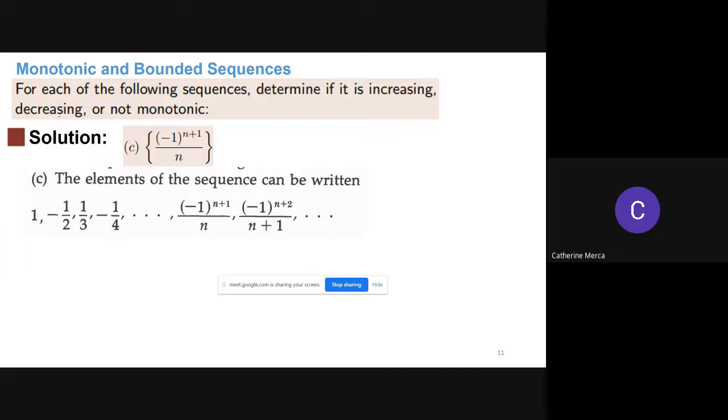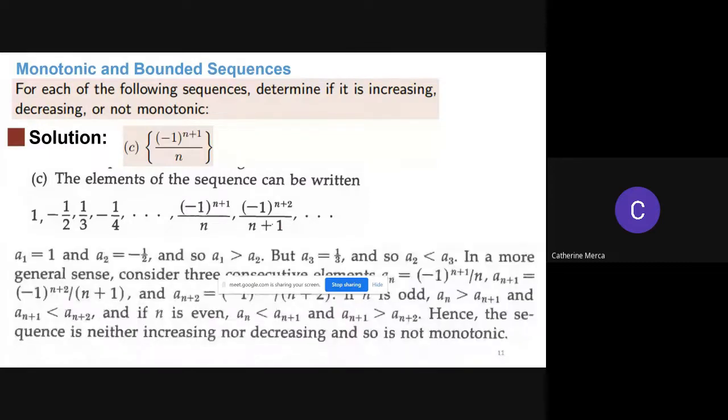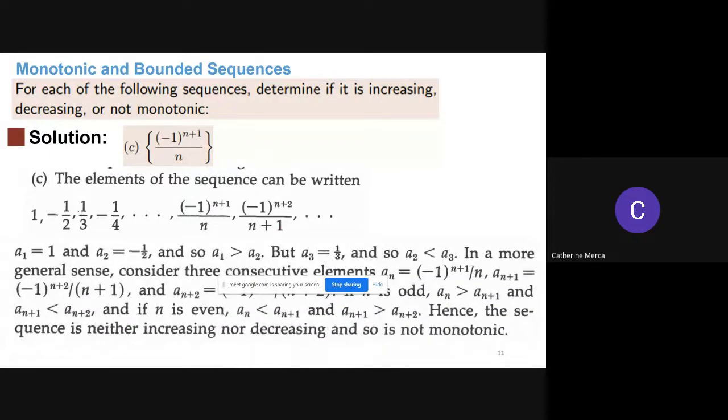Do you have an idea? Can you see it? If we take a look, it's alternately positive and negative. So 1 is greater than negative 1/2. But negative 1/2 is less than 1/3. Then 1/3 is greater than negative 1/4. And down the line, it depends on which n value you have there.